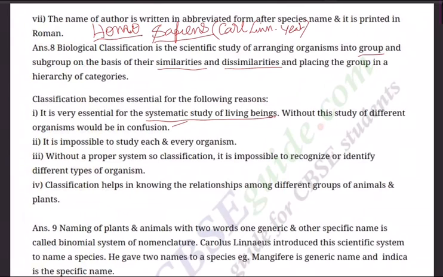Second, it is impossible to study each and every organism. Third, without a proper system of classification, it is impossible to recognize or identify different types of organisms. Fourth, classification helps in knowing the relationship among different groups of animals and plants. Like we take the example, Panthera leo, Panthera tigris.